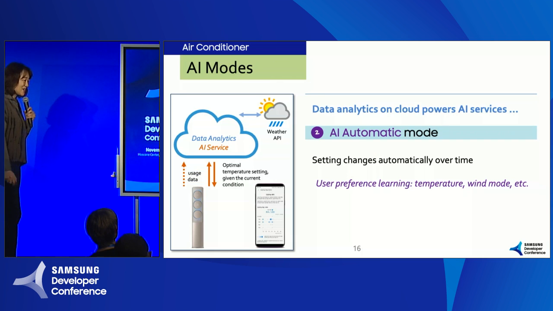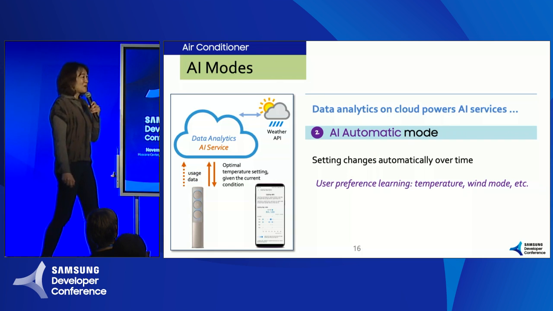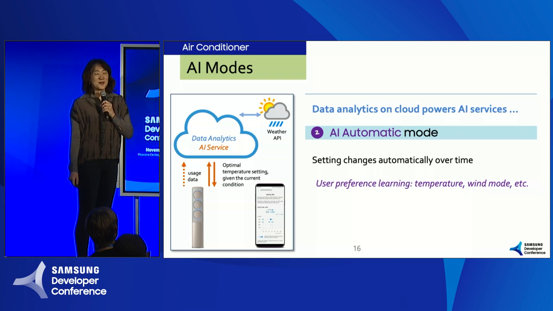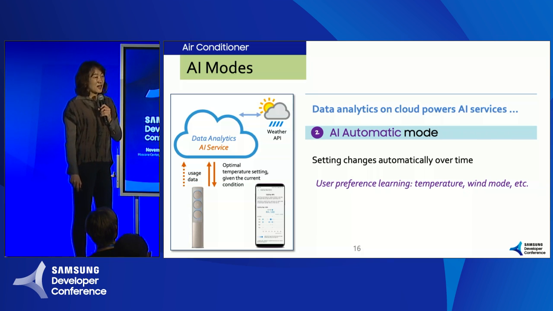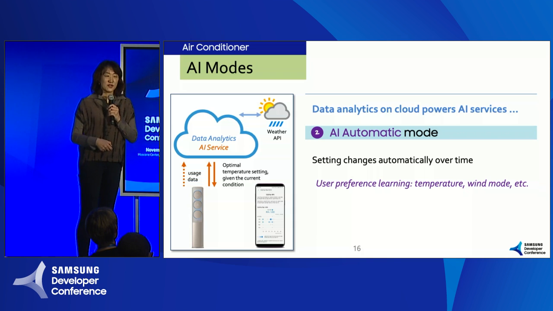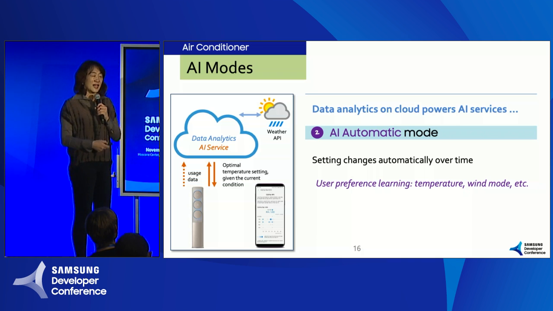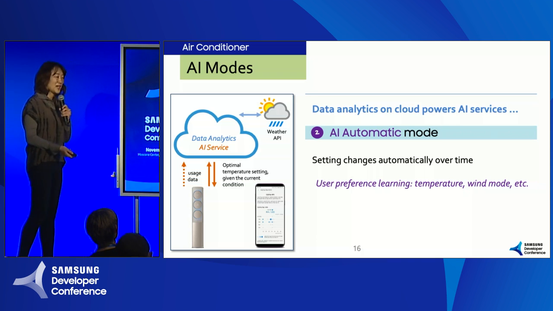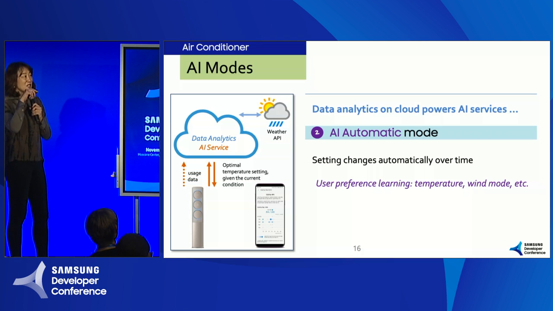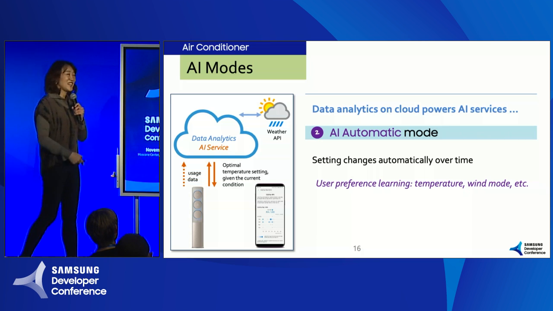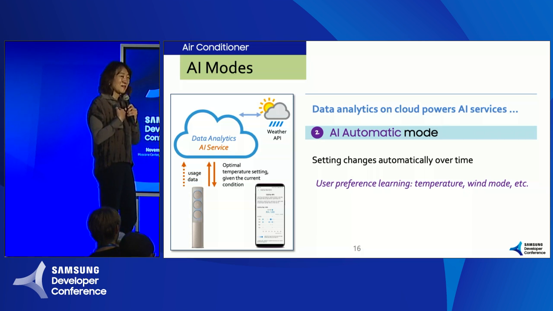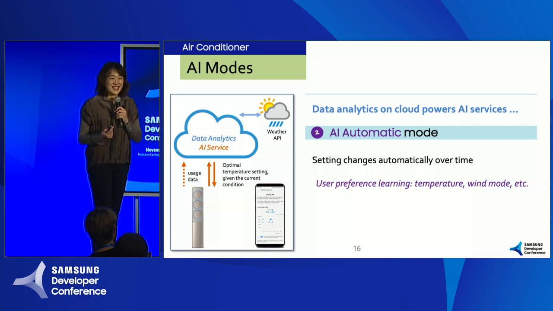Okay, the second one is that I want the air conditioner to know what my preferences are, right? So after getting consent from the user, we are collecting data on how each user is using that device or appliance. If the outside temperature is 80 degrees, I typically set the temperature to 74, something like that. Or there are so many different wind modes.